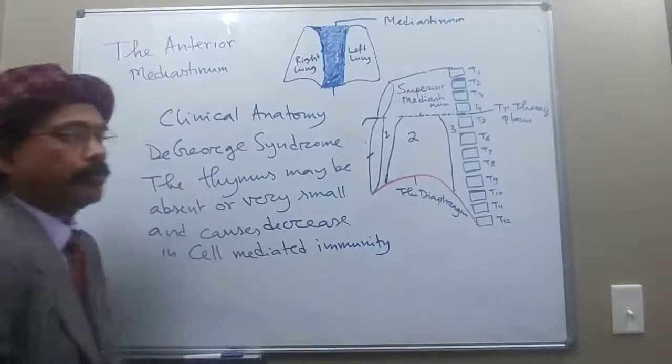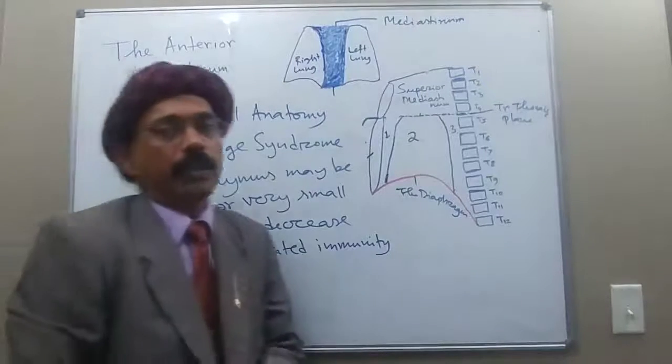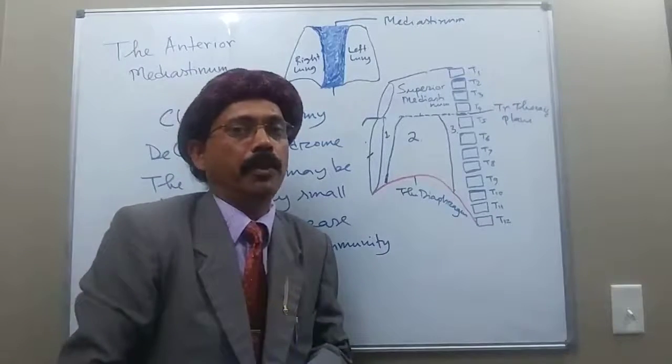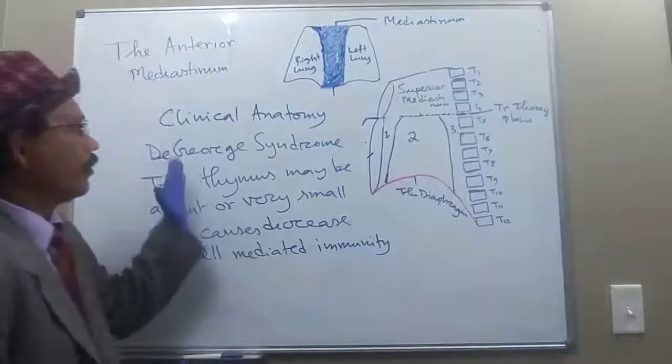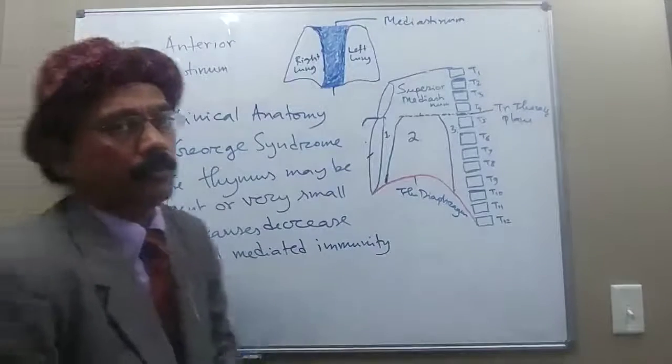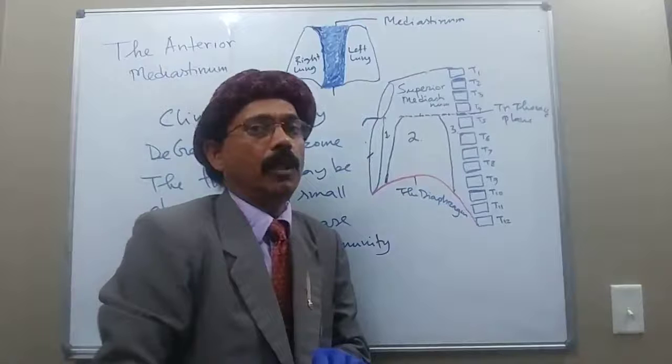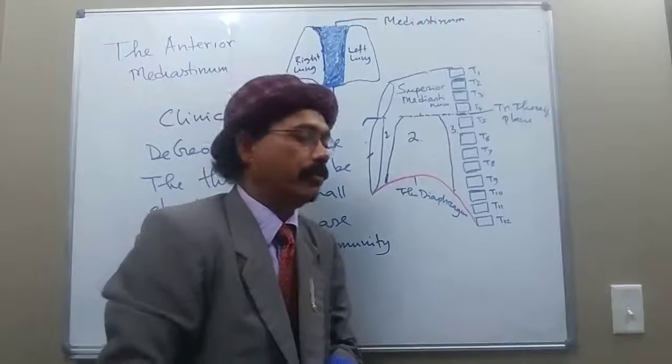Plus, we may have atrophic parathyroid. This is a clinical syndrome that may happen due to lack of development of the thymus.